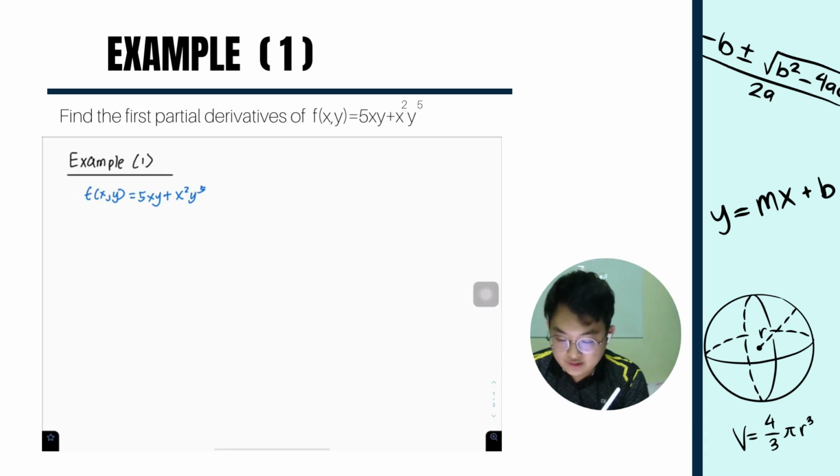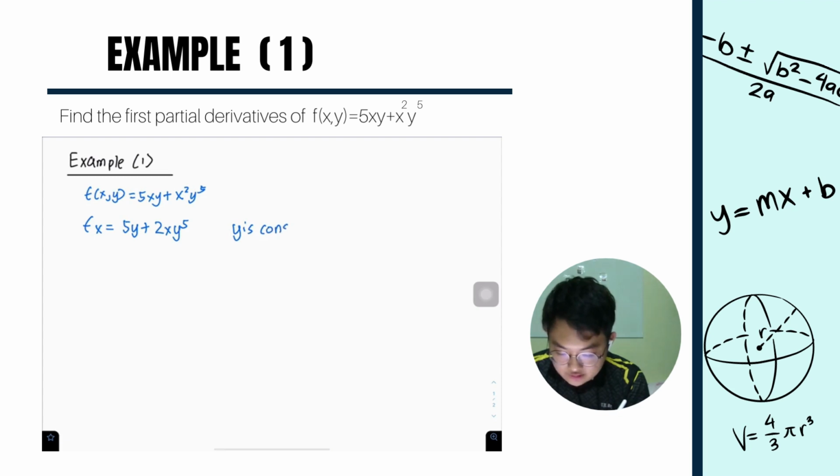For example 1, we will find the partial derivatives with respect to x and y. First, we will find the partial derivative with respect to x. So, fx is equal to 5y plus 2xy to the power of 5.